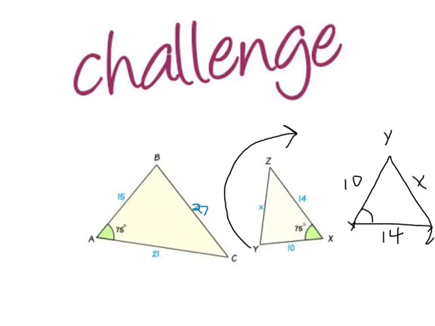I'm going to change colors, and I'm going to set up my proportion like I normally do. I've got my line, my equal sign. Now we don't have a percent here. So what I do is I make sure that I keep triangles together. So this first part is going to be triangle 1.